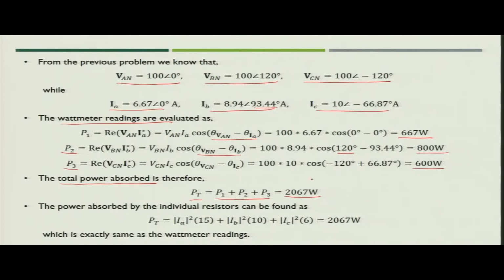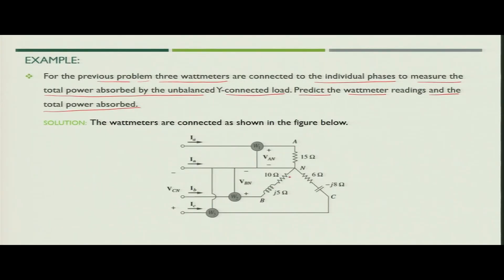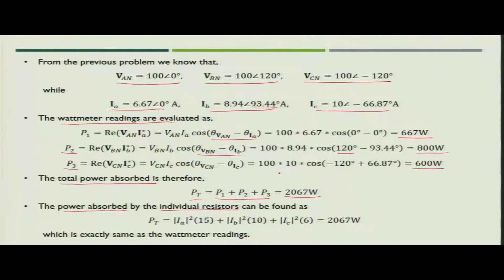Now, if you want to cross verify whether you have arrived at the correct value of P, what we can do? We can simply find the power absorbed by the individual resistors, because the circuit contains 3 resistors and real power will only be absorbed by the resistors. So, 15, 6 ohm and 10 ohm are the resistors. So, what we can do?